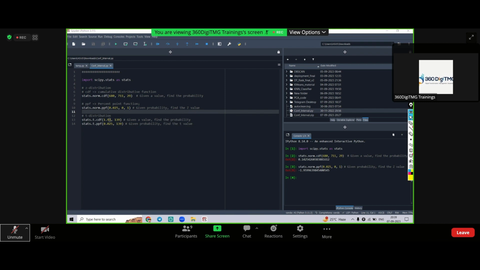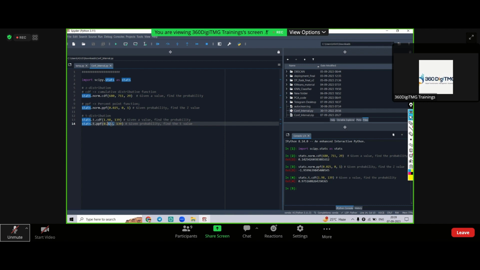Now here I have the t value. I will be finding the probability, that is the area under the curve for a specific t value. So it says 97.5%, that is 95% plus 2.5%, alpha by 2. So this is the probability for this t value.